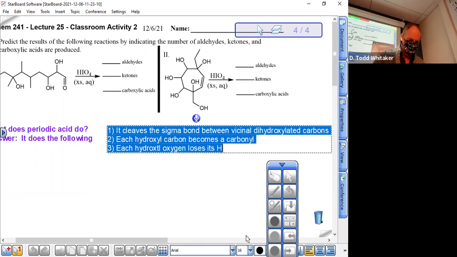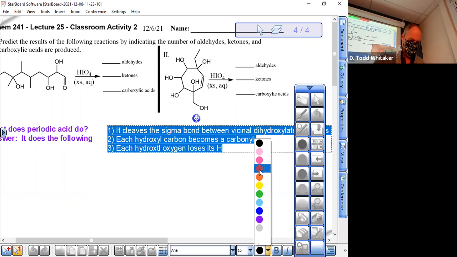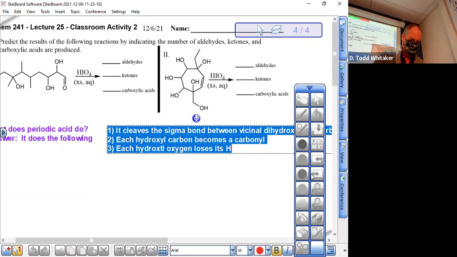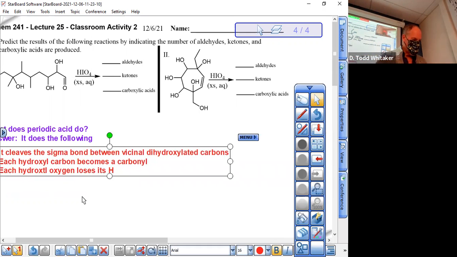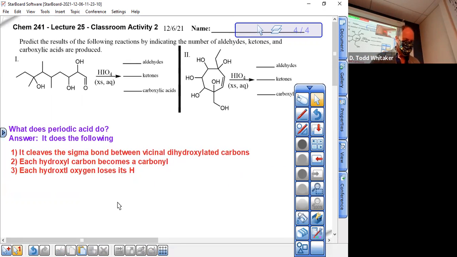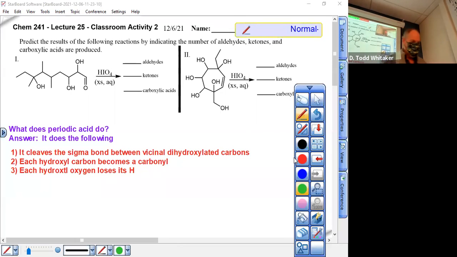Make it look important. Picture's always in the way here. Here we go. Move this. So let's just do one, for example, to start with. I see vicinal hydroxyls here.